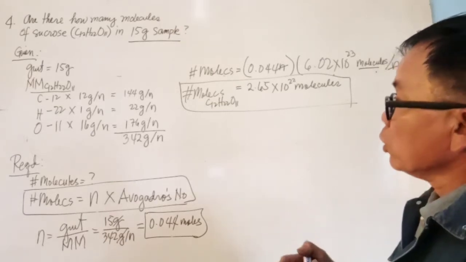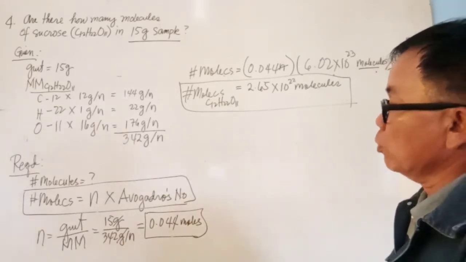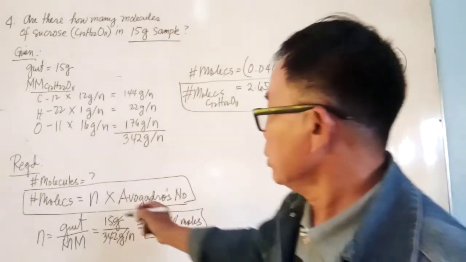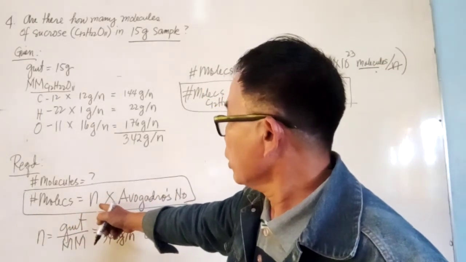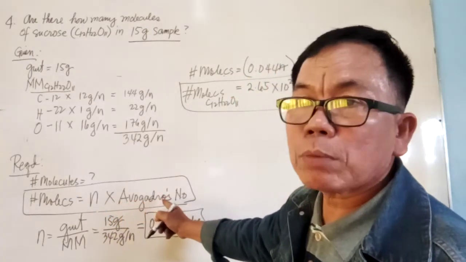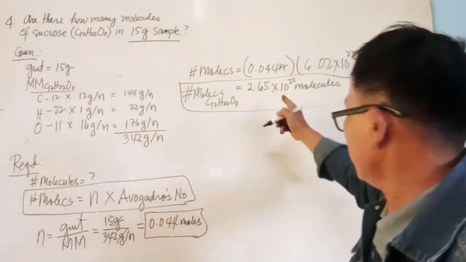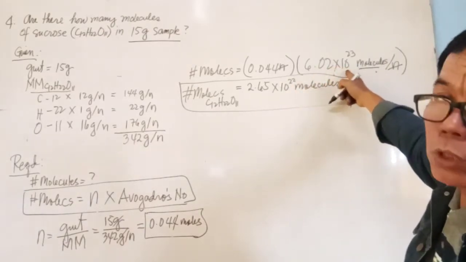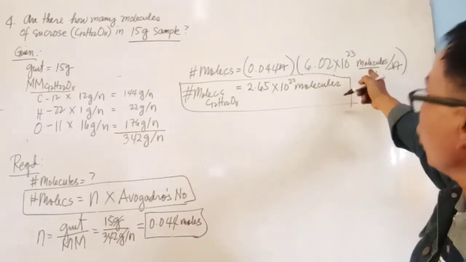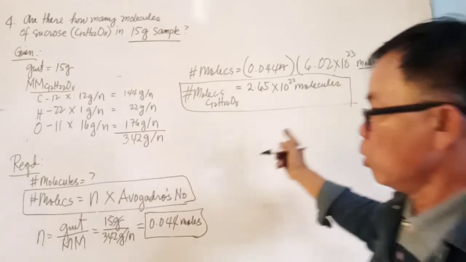First of all, you have to be familiar with the formula. The number of molecule is equivalent to the number of mole times the Avogadro's number, where the Avogadro's number is equivalent to 6.02 times 10 to the 23rd molecules or particles per mole.